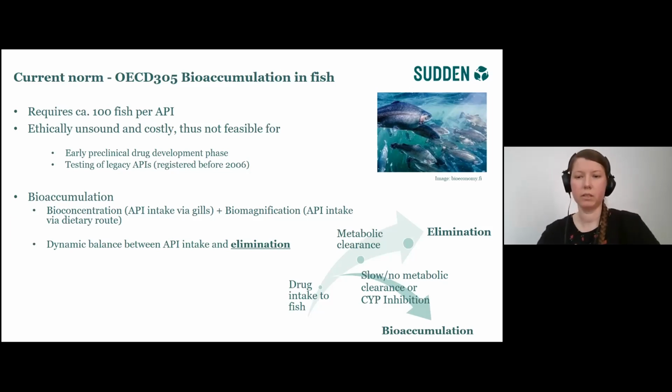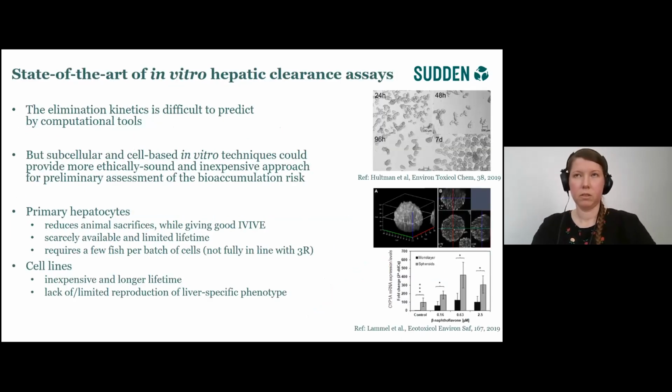Also, another case is CYP inhibition. So if we inhibit the enzyme activities with certain compounds, it might affect the metabolic clearance of other compounds. So these metabolic assays are something that we can study also in vitro.